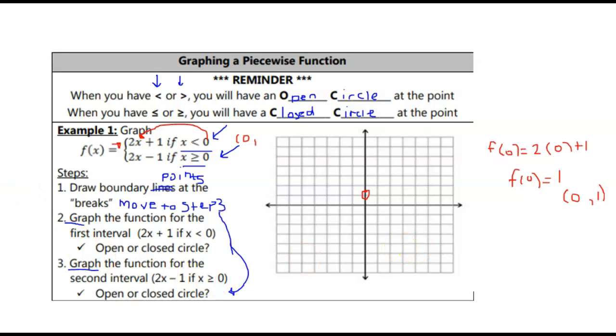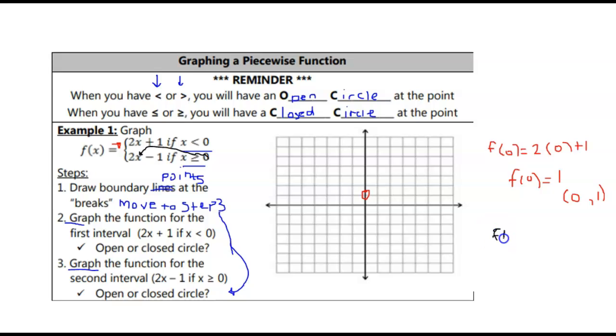Now, I'll go back. I'm going to do my boundary point, and I'll use another color. Let me X this out. I'm going to do my boundary point again, but this time I'm going to do it when x is greater than or equal to 0. Okay, so now I will plug 0 into the second function that's greater than or equal to 0, and I'm going to find f of 0.